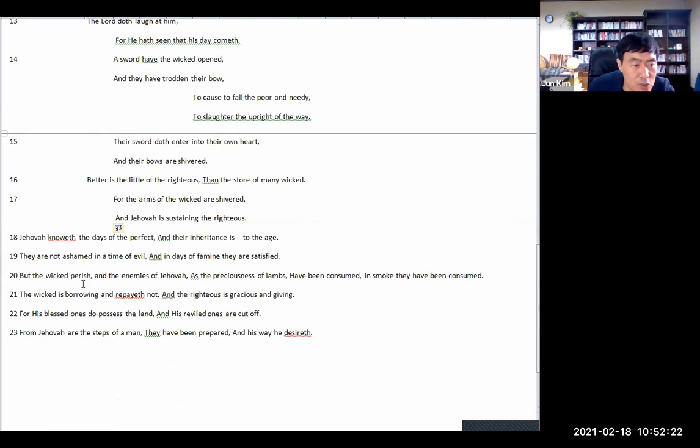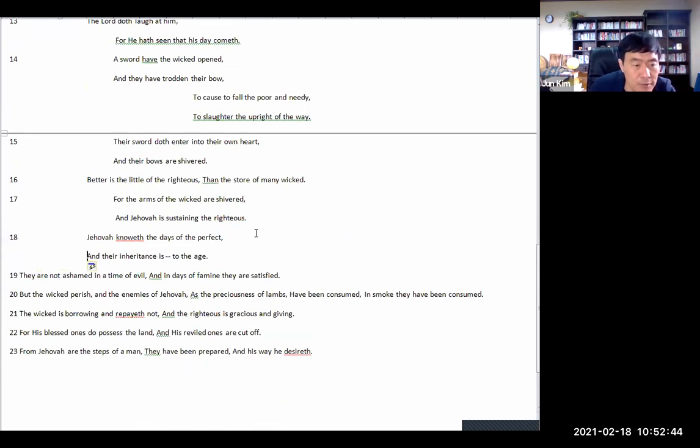What about verse 18? Jehovah knows the days of the perfect, and their inheritance is to the age. I think, so better is the little, and maybe you can just put it as the third level here, or even the fourth level. So Jehovah knows the days of the perfect, and their inheritance is to the age. Same level.